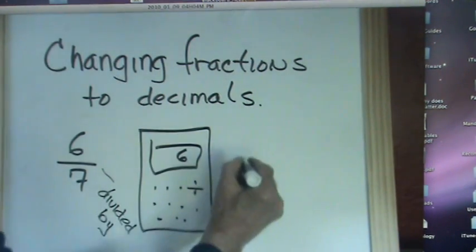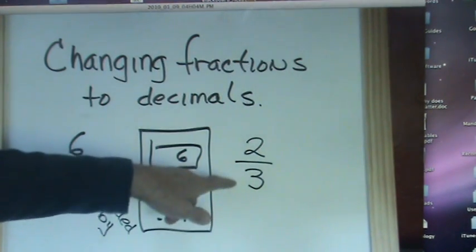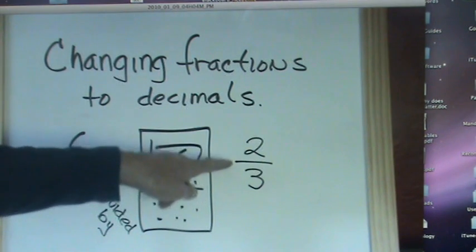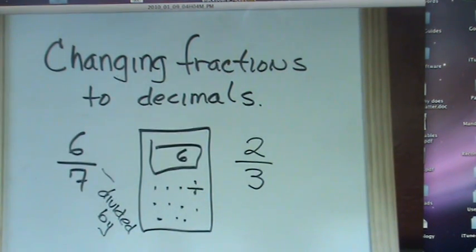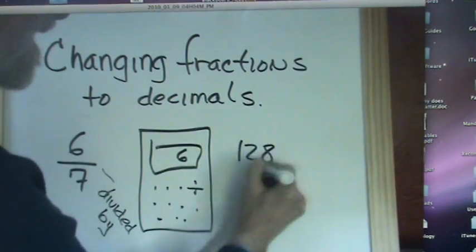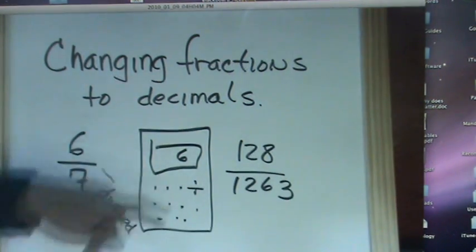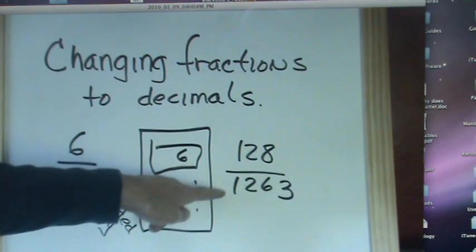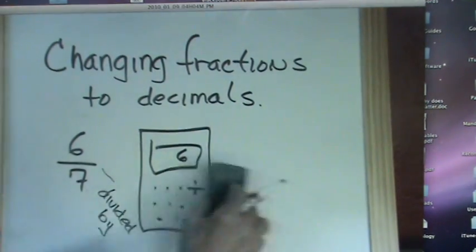If you see a fraction 2/3, this really means 2 divided by 3. This is a division line. So in any fraction, no matter what the fraction is, the fraction could be 128/1,263. It means 128 divided by 1,263.